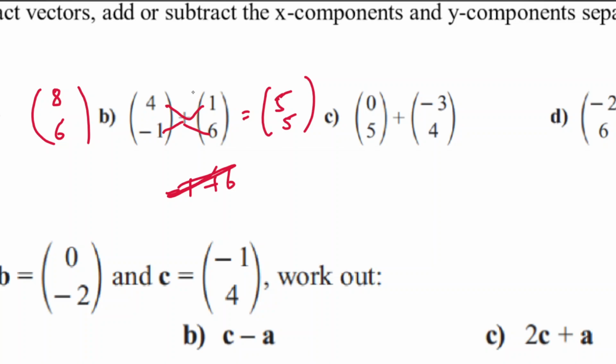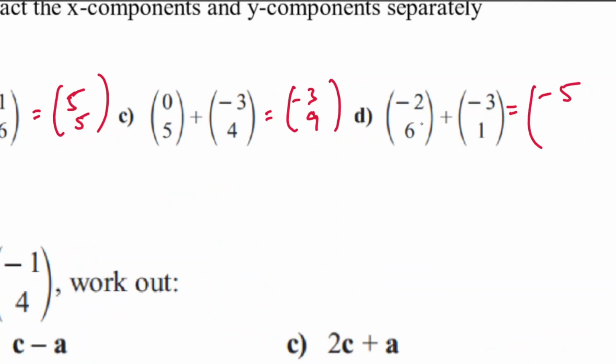And 0 plus minus 3 will be 0 minus 3 itself, and 5 plus 4 is 9. For this one, minus 2 minus 3 will be minus 5, and 6 plus 1 is 7. So this is how we have to add vectors, same as the addition we normally do.